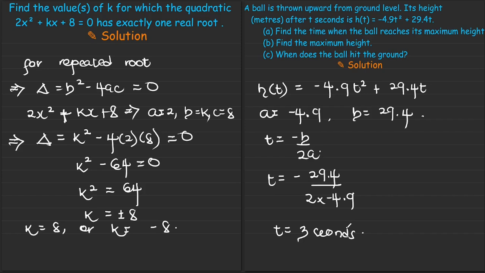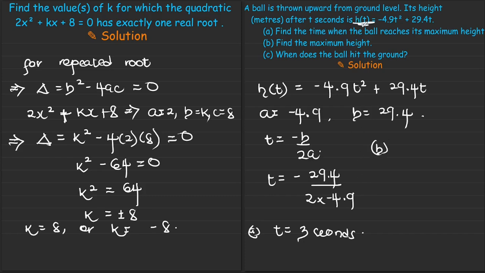So the time the ball is thrown until it reaches its maximum height is 3 seconds. Now the second part of the question says you have to find that maximum height. So we know where, in terms of time, the maximum height is going to be, but we want the maximum height in question. So for b, we want the maximum height.